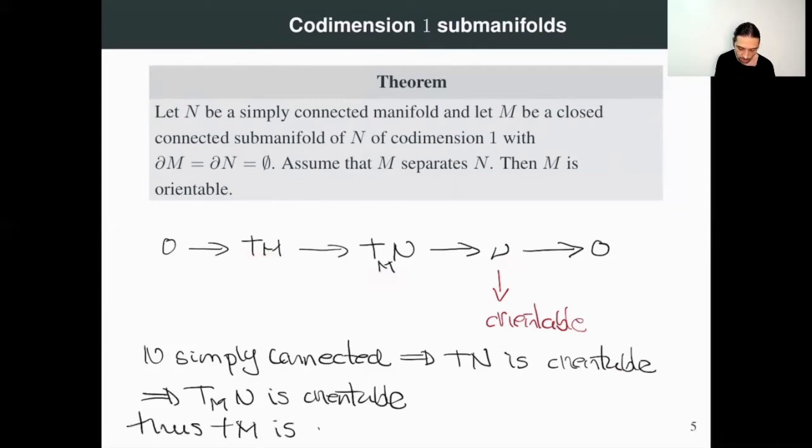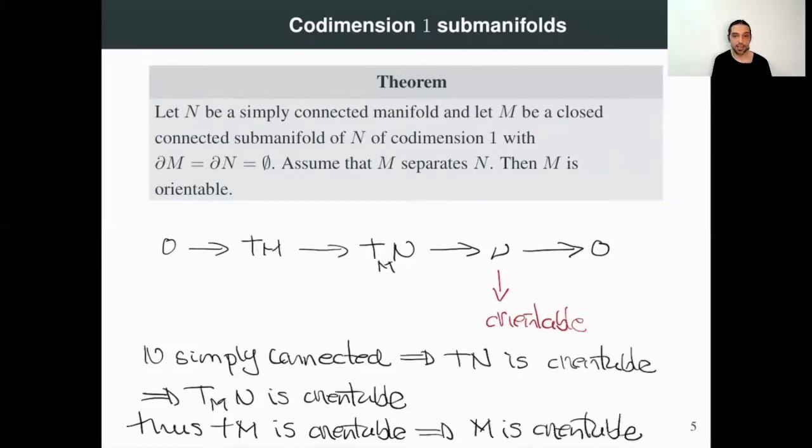But by definition, that implies that M is orientable. Okay, so it's just a simple consequence of the previous result and the properties of short exact sequences of morphisms of vector bundles.